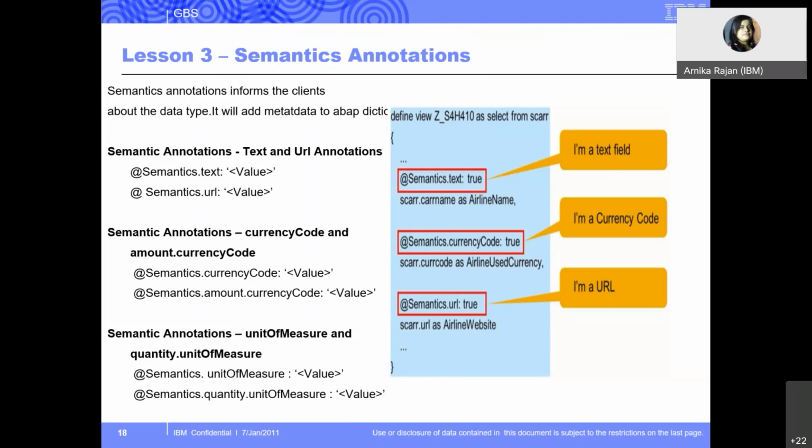If I have, let's say, five fields like that, how do I define them? Do I define one after the other, or do I have to write semantics.text for each? For each you will have to do it. Basically, how we define the data type in BW or in ABAP, similarly we have to define here how the system will know whether it's a currency or a text or a URL.